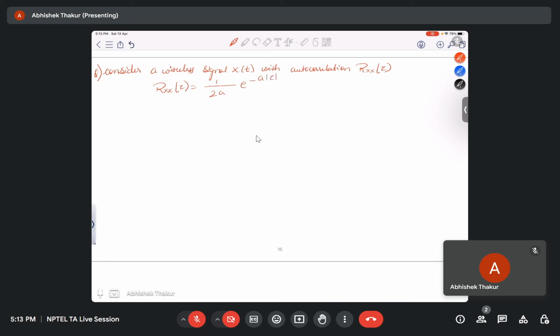Okay, so the plot is given like this, and this value is 1 by 2.